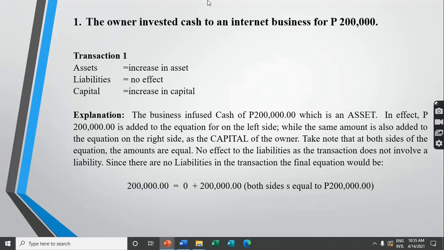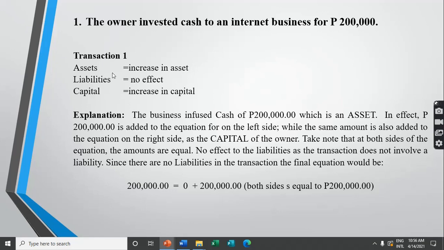So, ano ba yung effect dito sa accounting equation natin? So, si assets, may nag-increase ba kay asset? Sabi dito, the owner invested cash. So, meaning, nag-increase yung asset mo, kasi nadagdagan yung cash mo. So, yung cash mo is considered your asset.